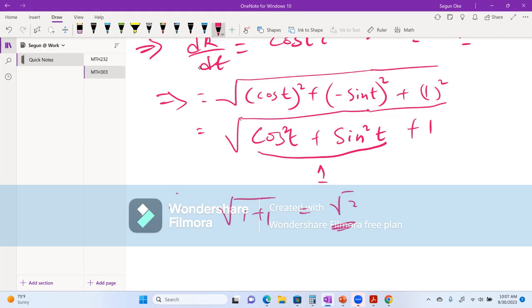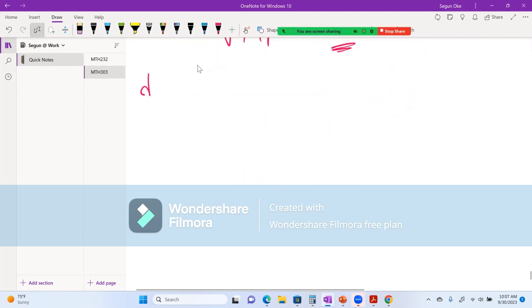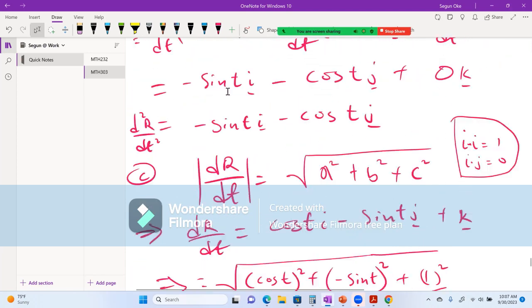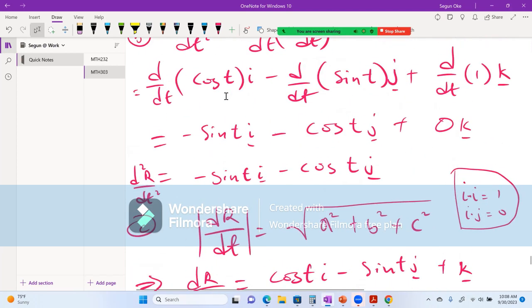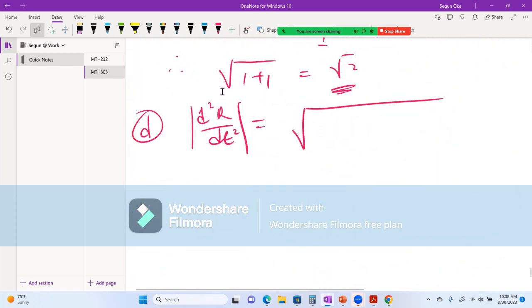Any questions from my side? So if you look at part D, D says the square of dR/dt is equal to the same thing as we know. The square of R is here, that's what we did in B, which is minus sine t i.